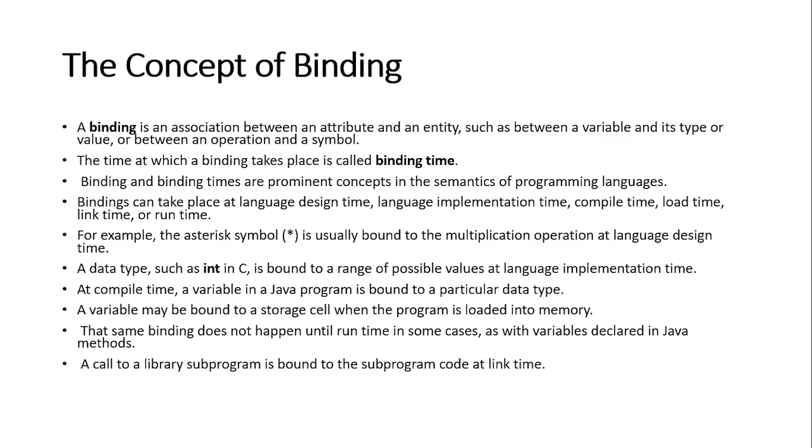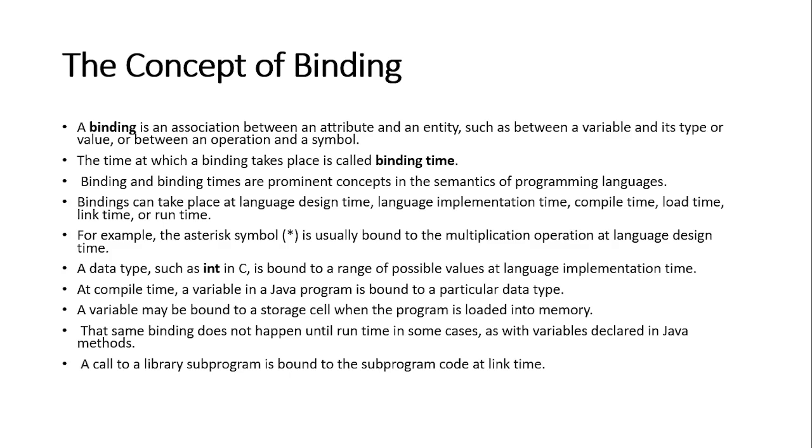A variable may be bound to a storage cell when the program is loaded into memory, which means this variable will get some location in memory. That same binding does not happen until runtime in some cases, as with variables declared in Java methods.